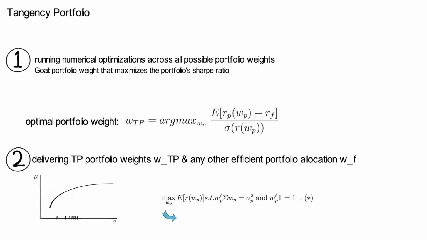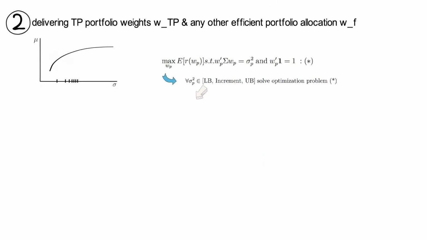Mathematically, it means that for all target risks, sigma square p, within a lower bound and an upper bound, you're going to solve the previous optimization problem. And here LB denotes the lower bound, UB denotes the upper bound, and increment is the step size of the grid. Note, the resulting efficient portfolios WF are all on the efficient frontier.